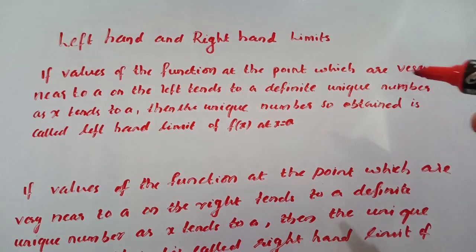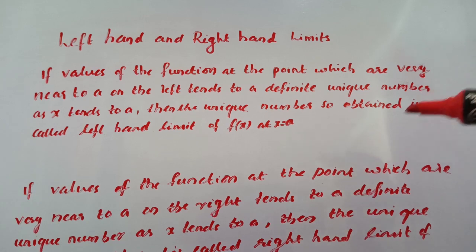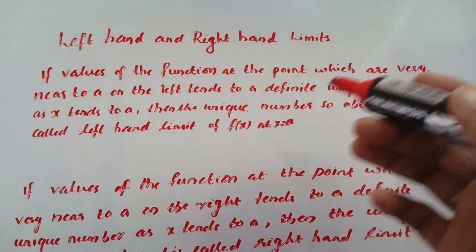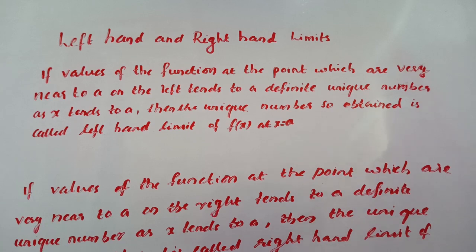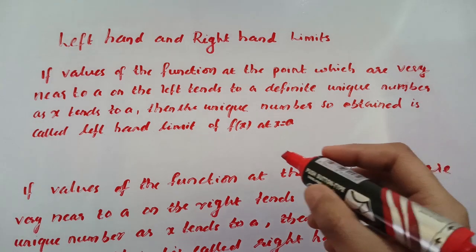That is, as x tends to a, for points near a on the left, that is to the left of a, there is a definite unique number. This unique number is called the left hand limit of f of x at x equal to a.